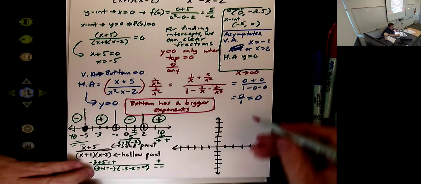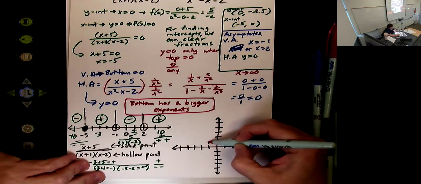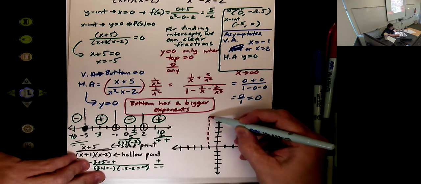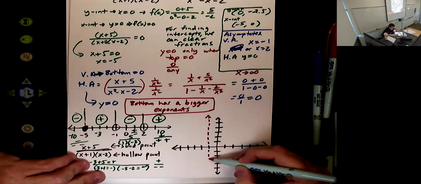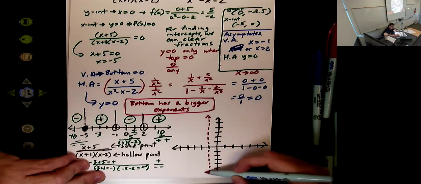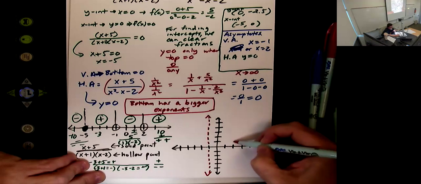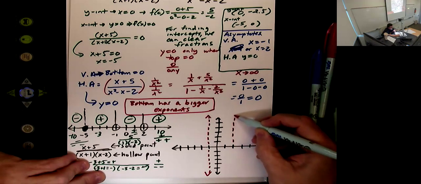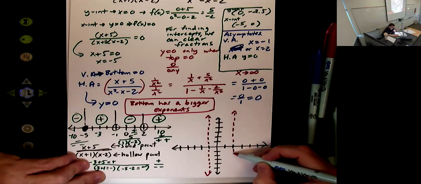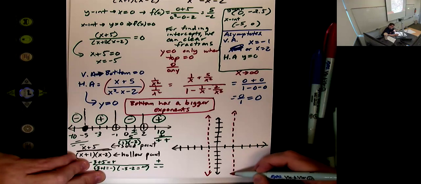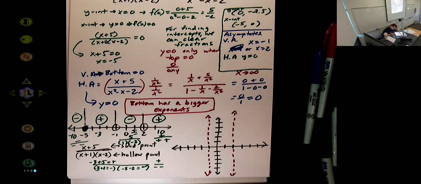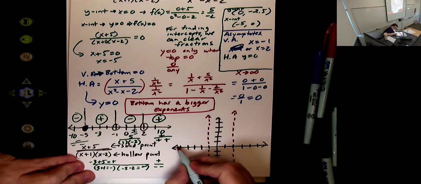I'm going to do my vertical asymptotes first. X equals -1 and x equals 2. My horizontal asymptote is y equals 0.